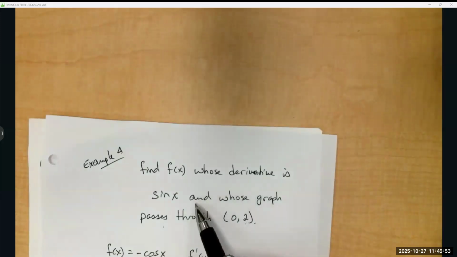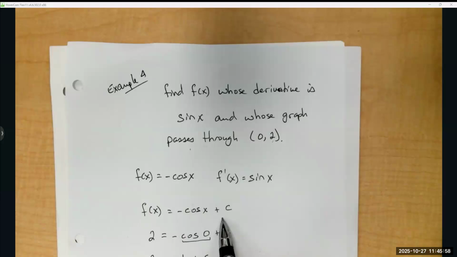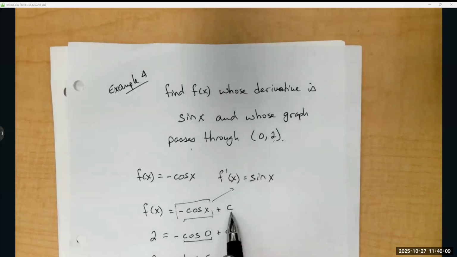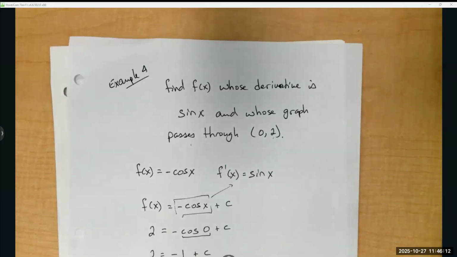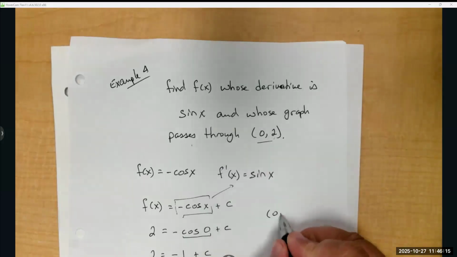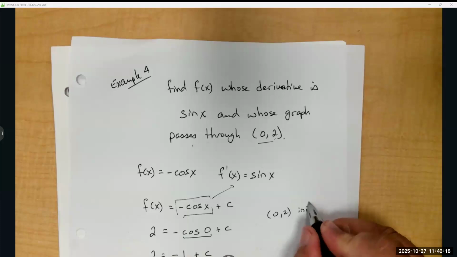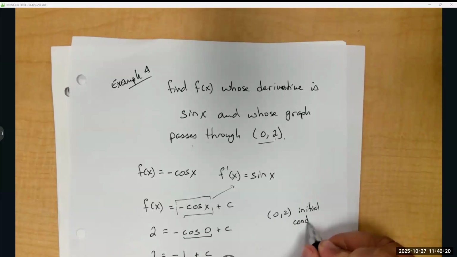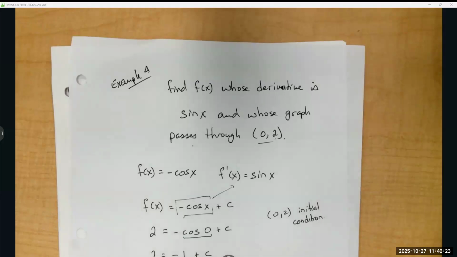So if I give you the derivative, you have to find the function where it came from, and then add a c to it. Here's the function that I know the derivative of is sine x. Once you find that, we add c to it and then plug in this point (0, 2), which is called the initial condition.